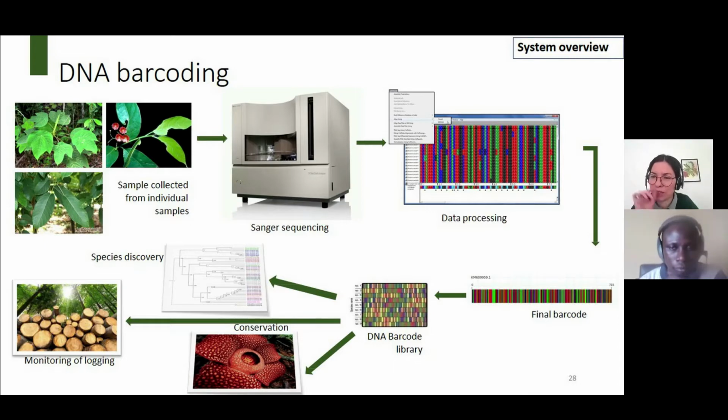You can use as material several different samples, just a small sample collected from individuals, and these will be amplified using a particular method, Sanger sequencing.